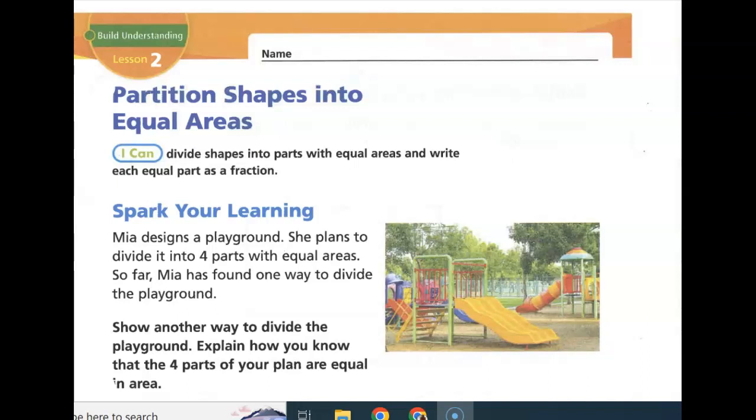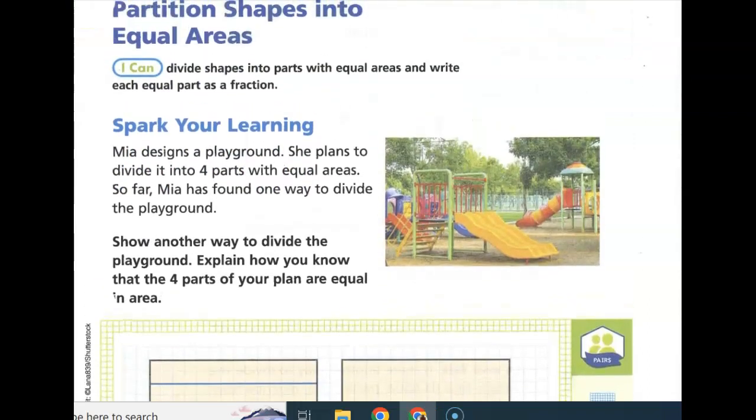Yes. To partition something is to cut them into different parts. Let's read our I can statement together. I can divide shapes into parts with equal areas and write each equal part as a fraction.